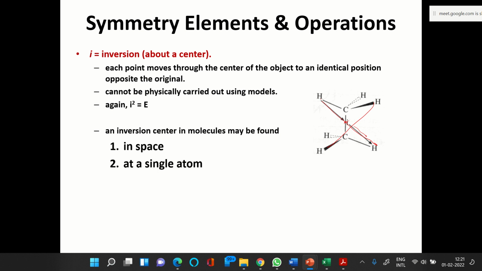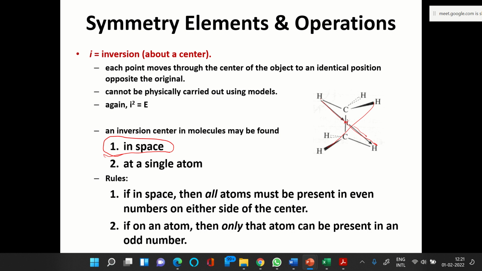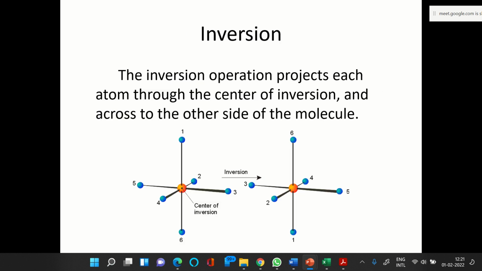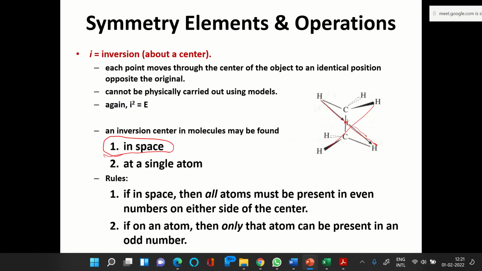In this example, the inversion center, the center that we were discussing, was in space. It can also lie on an atom. If it is in space, then all atoms must be in even number.